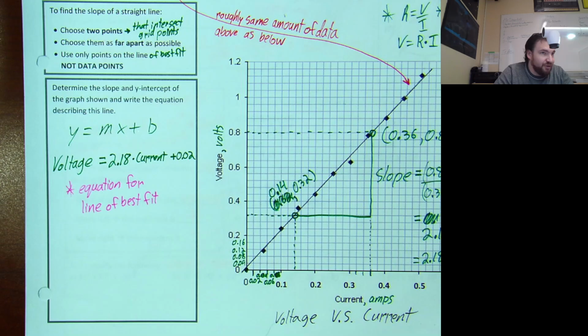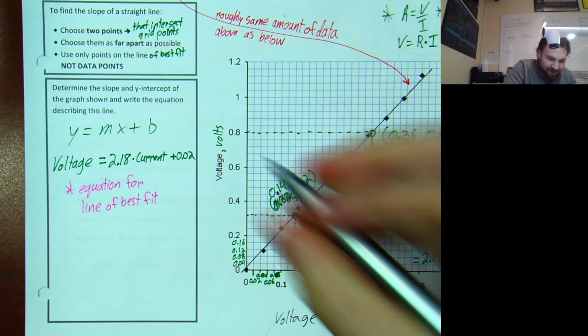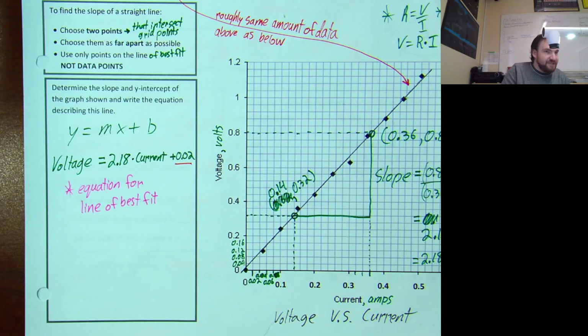It's another word for a mistake, but it's not a mistake. Error, okay? There's error in everything. You're not perfect. The machines you use aren't perfect. So this thing right here represents error or uncertainty.